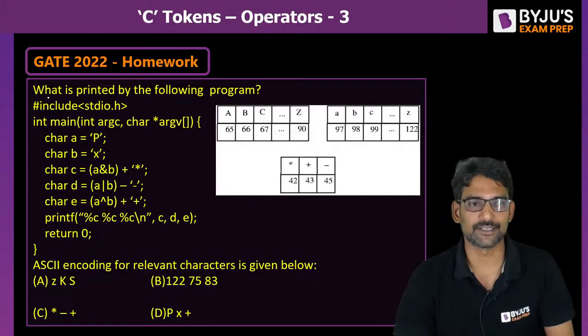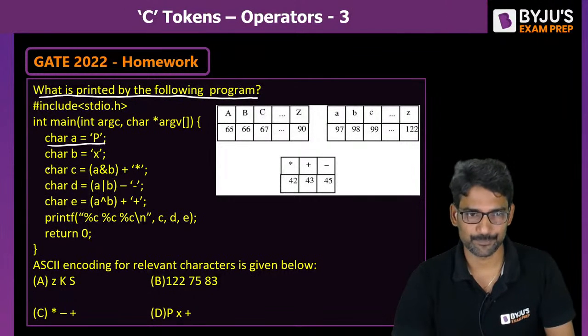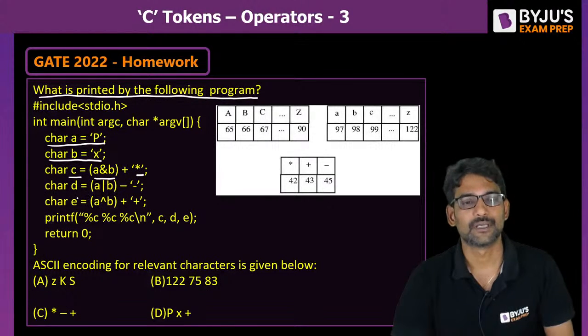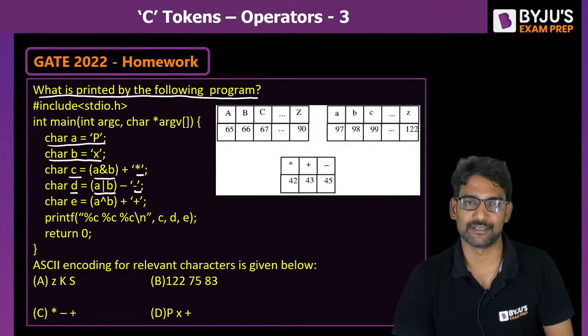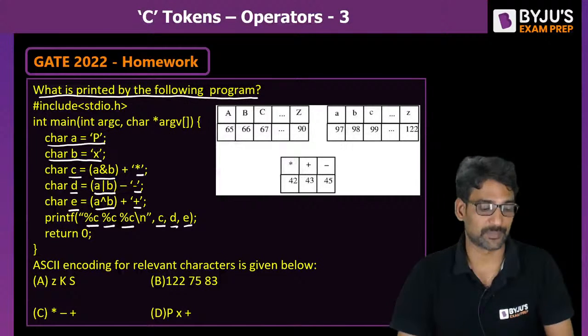Okay, the question is, what is printed by the following program? Char A equal to capital P, char B equal to x, char C is equal to A and B plus star, char D equal to A or B minus minus, char E equal to A XOR B plus plus, print C, D, E, and the format specifier used is percent c.